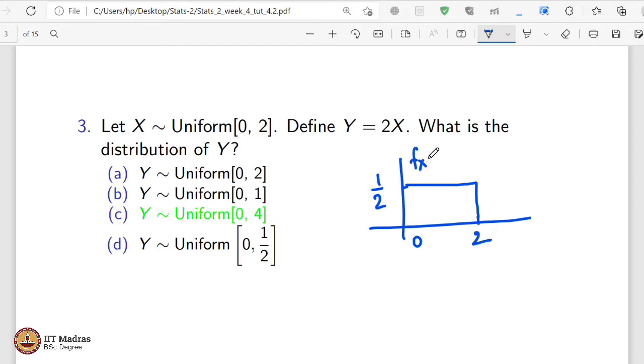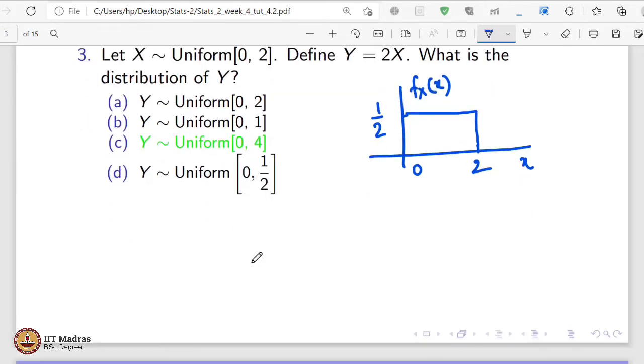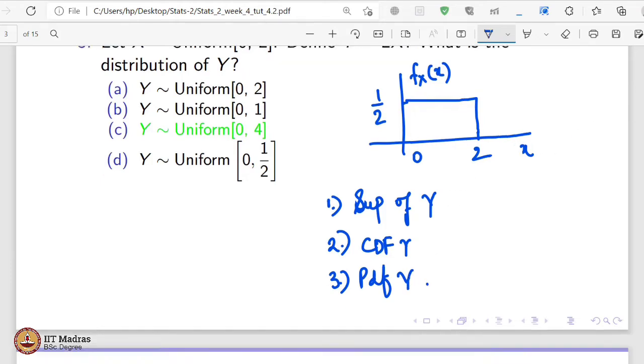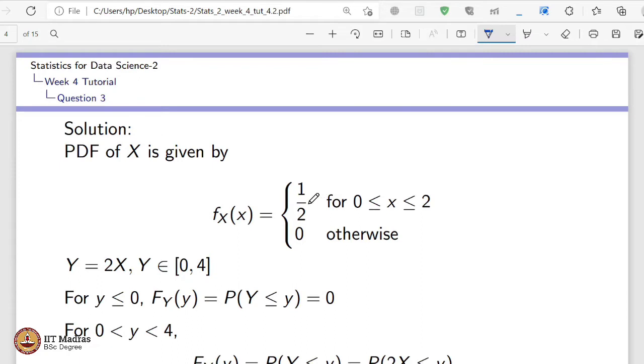Normally in this type of question, what you should do is first calculate the support of y, as you already have the support of x. Then you should calculate the CDF of y, and from the CDF you can directly get the PDF of y, right? So we'll see how it is solved.